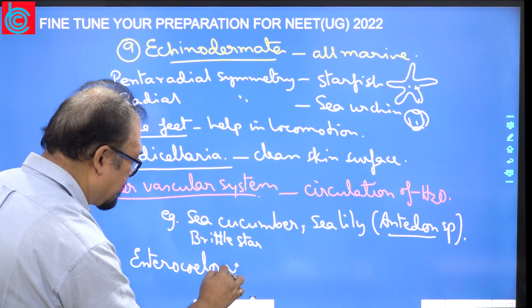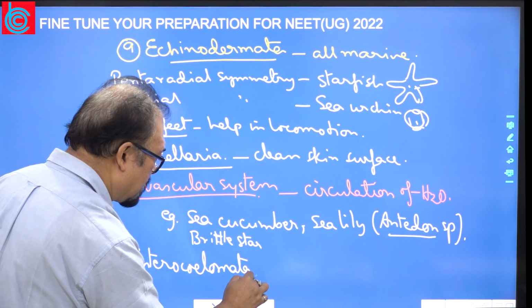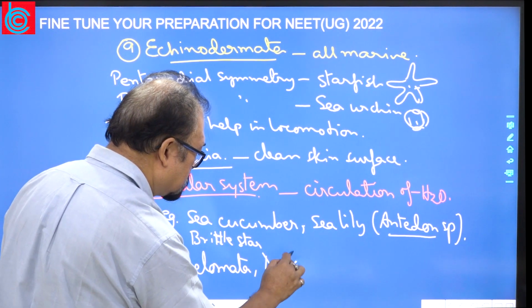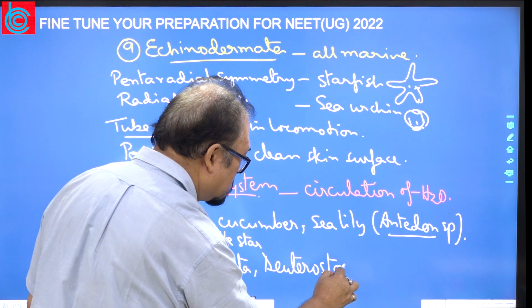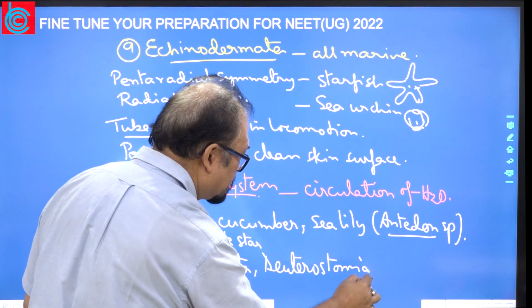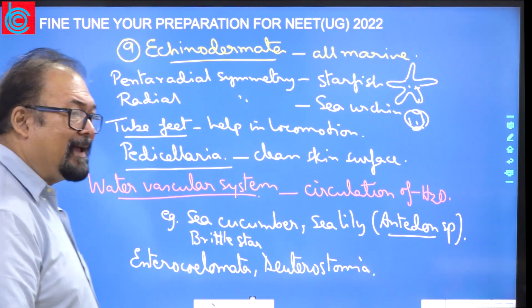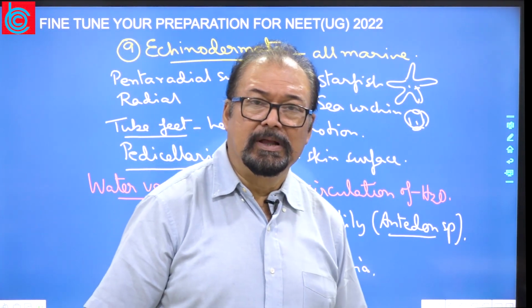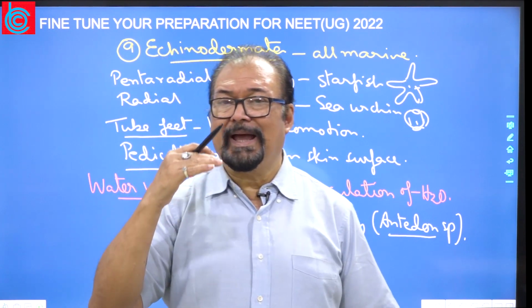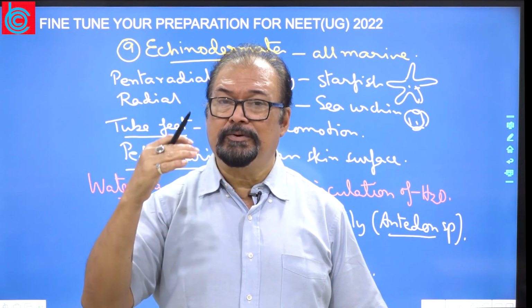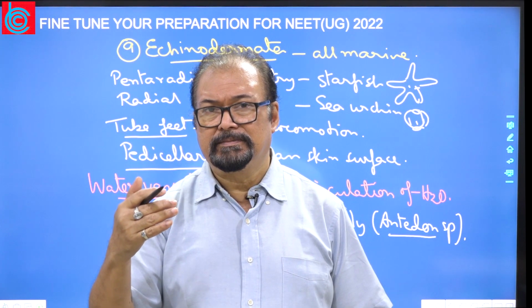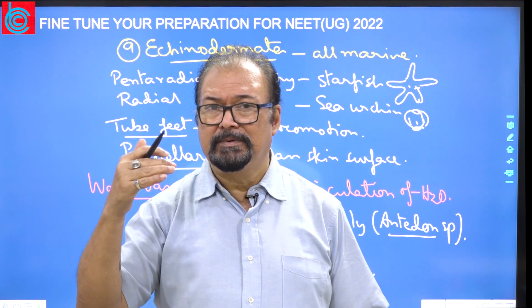These echinoderms are also enterocoelomata, deuterostomia, which are the chordate-like characters. So echinoderms are the most advanced group of the invertebrates. From these echinoderms evolved the chordates, the highest phylum.